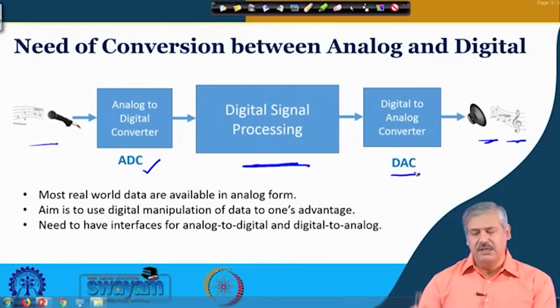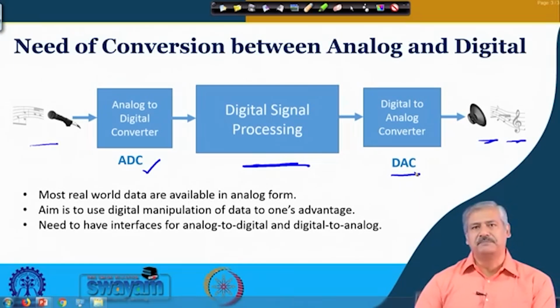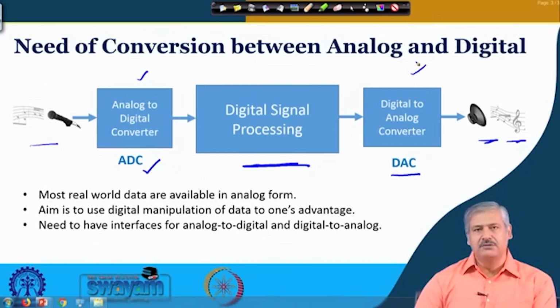This is the kind of thing that we expect when we are trying to manipulate an analog signal in a digital platform. At one end we will have an analog to digital converter and at the other end a digital to analog converter. This is the interface circuit.